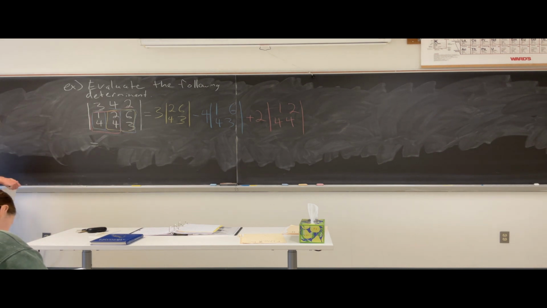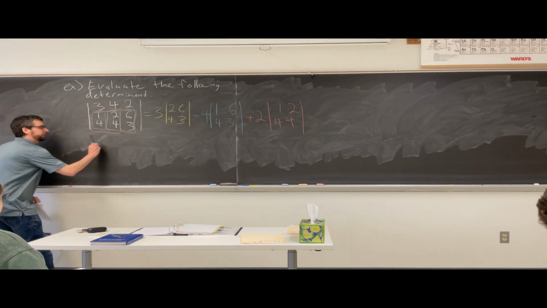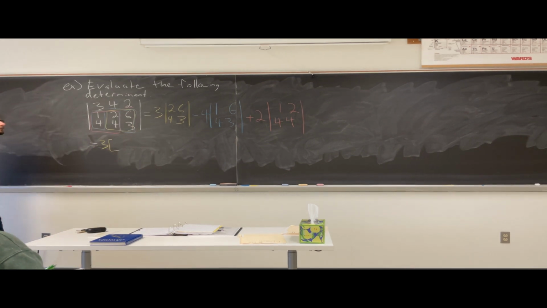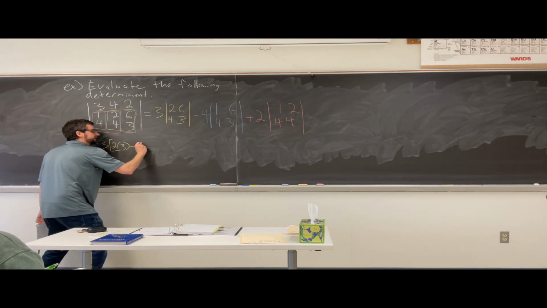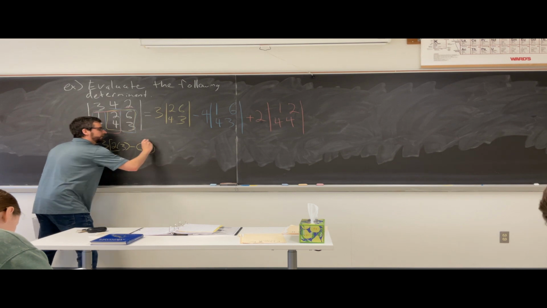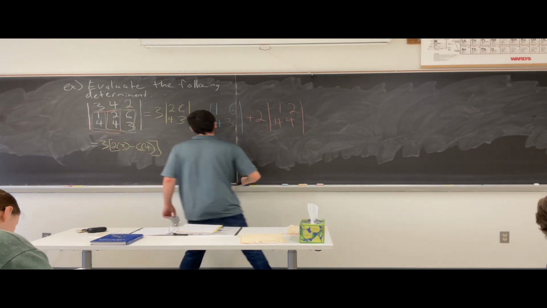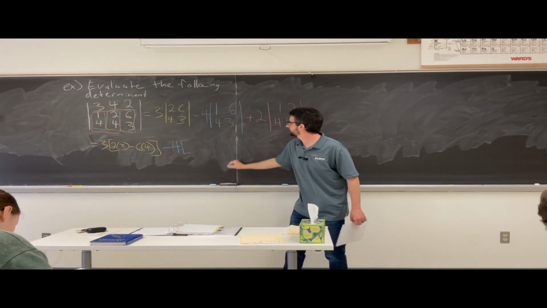I know. Okay. This thing, let's break it down further. We got 3 times what? 6 minus 24. Yes, so you multiply 2 times 3 minus 4, and we'll get to that too. Next one. Minus 4 times what?